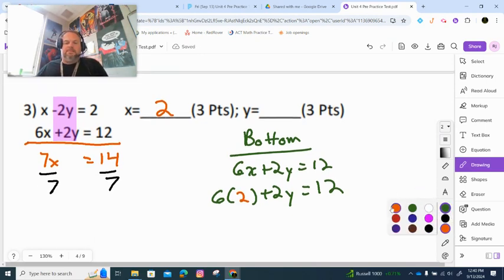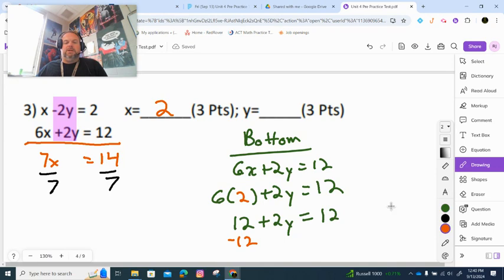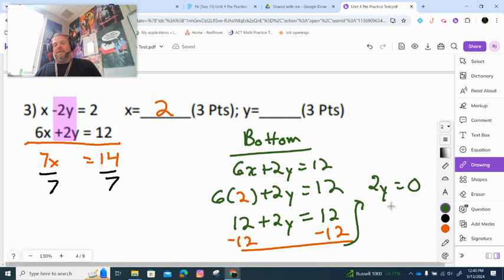Well, this is 12. Subtract it, subtract it. 2y equals 0. I wonder what's the only thing I can multiply by 2 to make it be 0. Now, some people would have actually had to sit there and do the next step. That is fine. Some people just operate like that. They cannot leave something without showing a step.